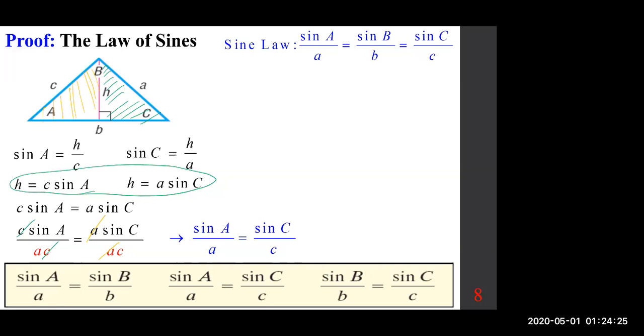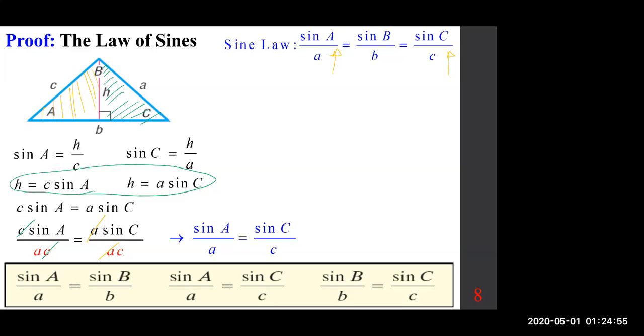And so we proved sine A over A equals sine C over C. Look at the top one, the first one, and the last one. We proved it, everybody. Okay? So the point being, you can continue on that thought. In fact, it's a good practice that you try to do the rest of them in the same manner.